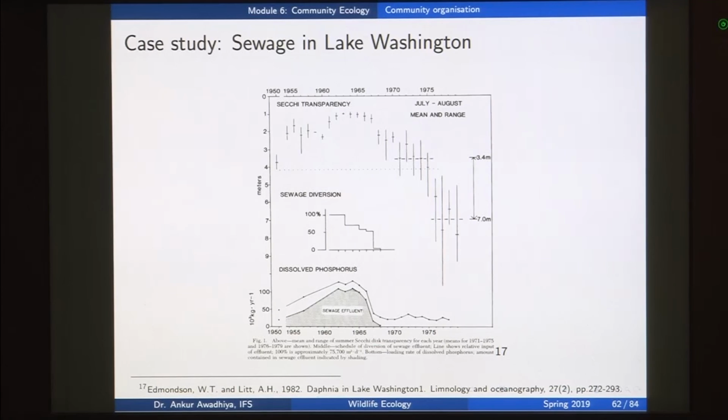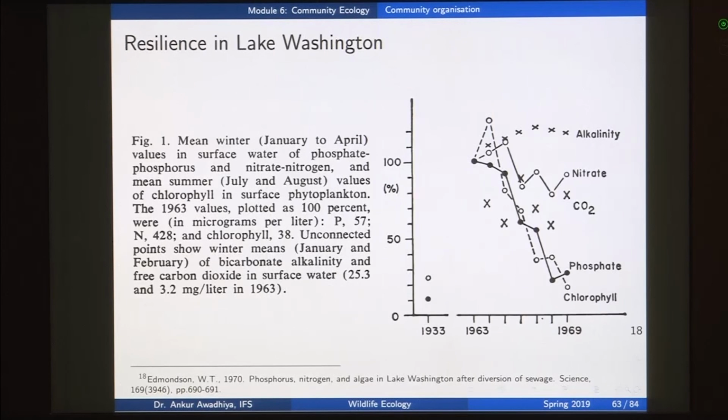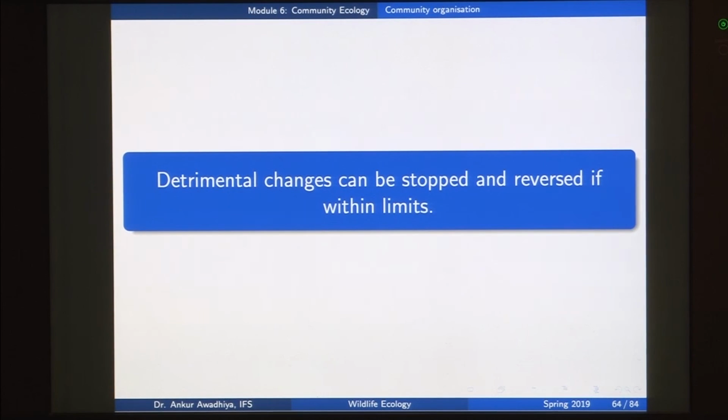The amount of turbidity goes down, the amount of nutrients goes down, and the lake again starts to support a number of different organisms. So it is telling us that the detrimental changes that we are bringing into the environment can be stopped and can be reversed if they are within the limits.